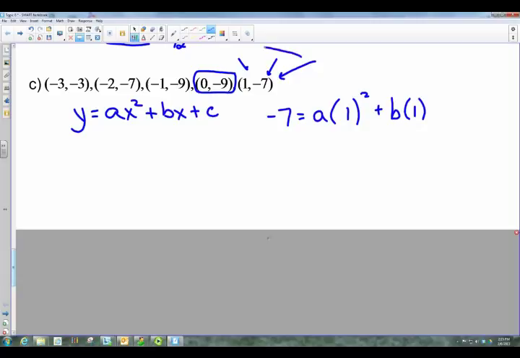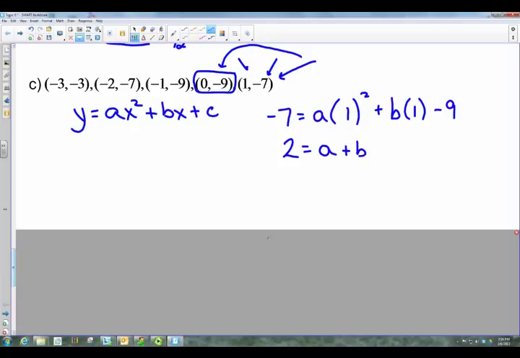Well, we know what c is. Remember, c was this right here, which is -9. So I go through, I can solve this, add 9 to both sides. You get 2 equals a plus b, since 1 squared is 1. And you've got that so far. And remember, this is one of the approaches that we could use.